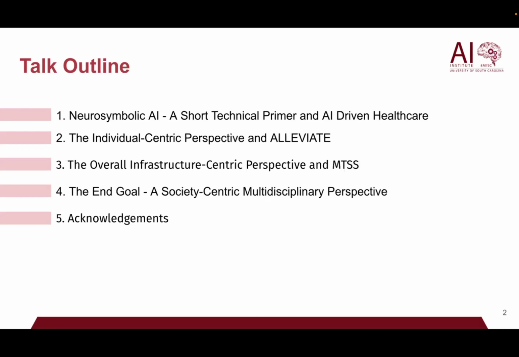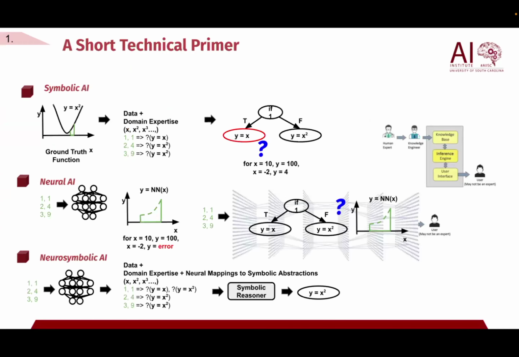So the short technical primer is as follows. Generally, you have data generated from a ground truth function. So let's say that function is y equal to x squared. And then in symbolic AI days, you had some kind of domain expertise to be able to reconstruct that function.